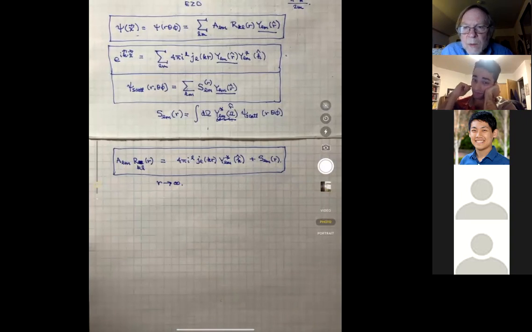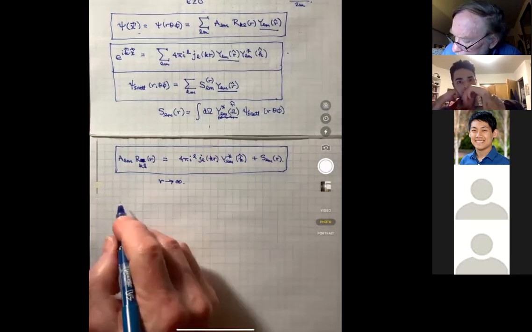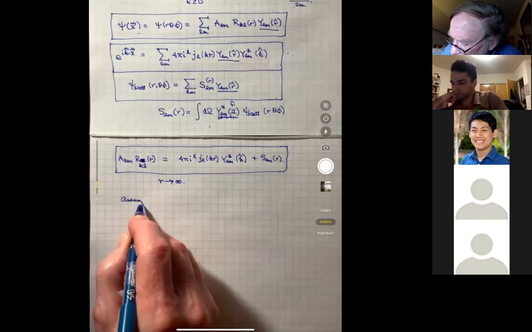The key to answering this question is that we're going to assume that the potential dies off rapidly enough that outside of a certain radius, it can be neglected. Or let's put it this way, it no longer has any influence on the leading asymptotic form of the radial wave function R_kL of r. So this is an assumption. I'll write it out in words here.